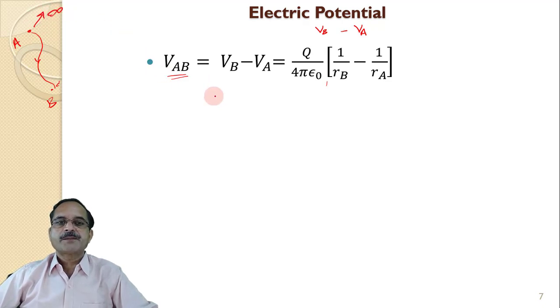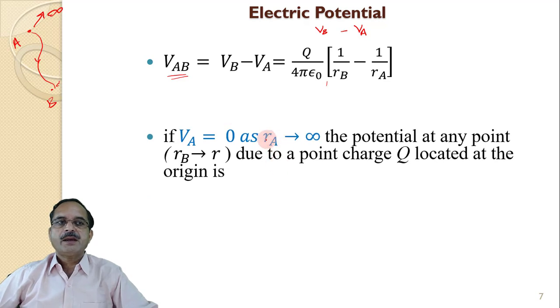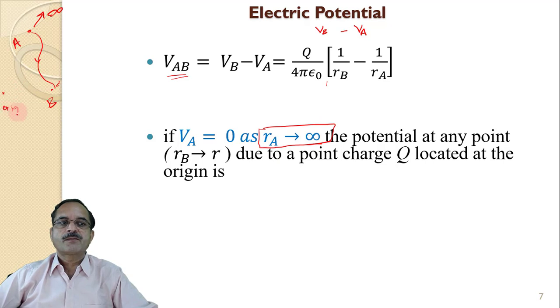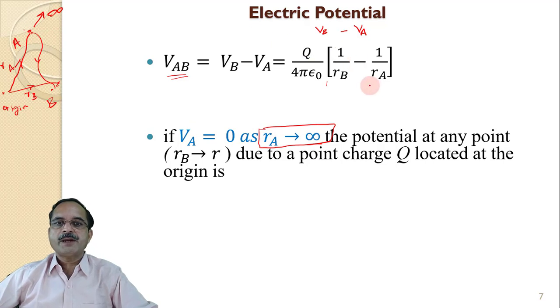then in that case RA tends to infinity. This is the origin, and RA is the position vector of this point A. RB is the position vector of point B. So if RA tends to infinity, point A moves to infinity. Because of that, this becomes 0.